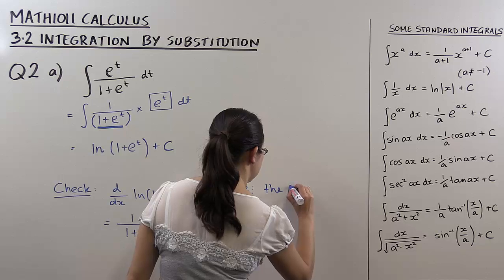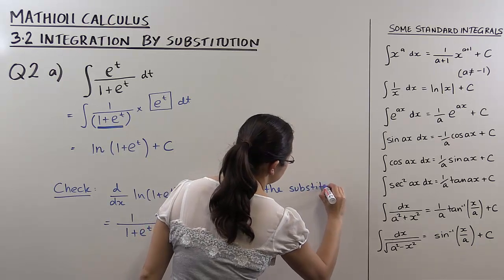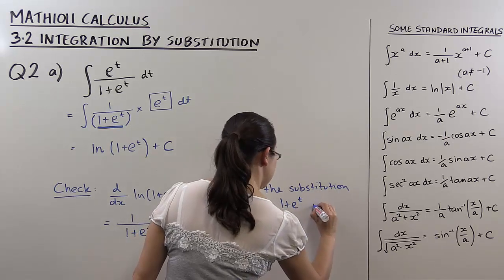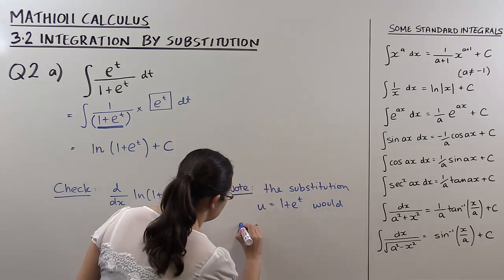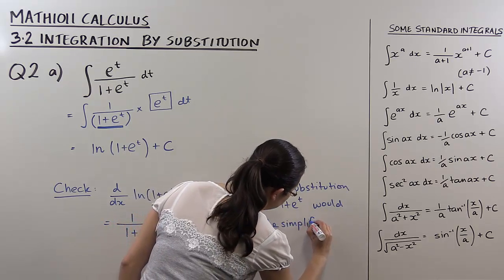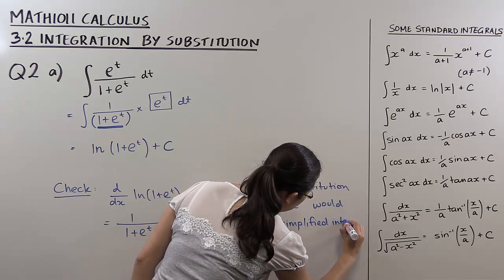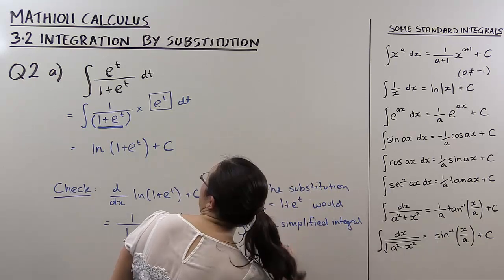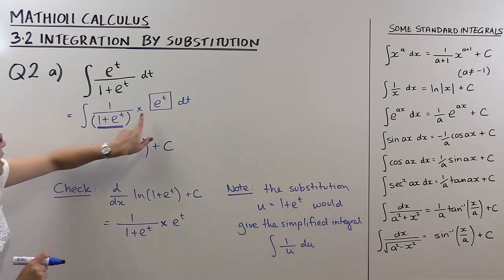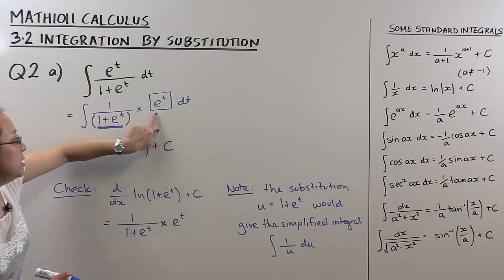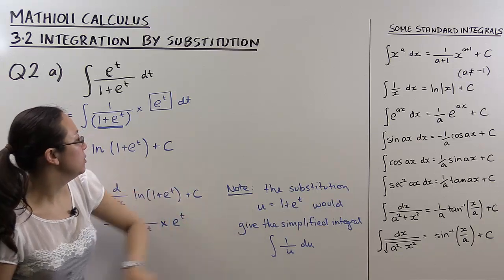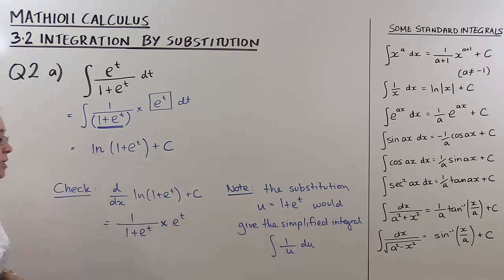So just note the substitution u equals 1 plus e to the t would give the simplified integral of 1 on u du, because this would be 1 on u and this e to the t dt would be the du in the substitution. So you could have done this substitution and that would be equivalent, or you could do it by inspection, just like that.